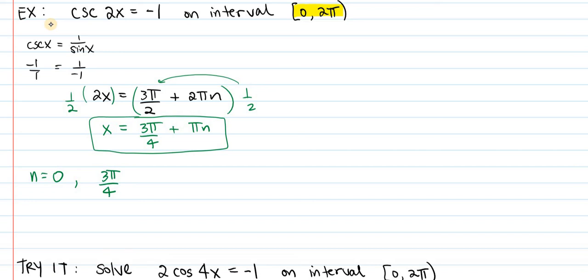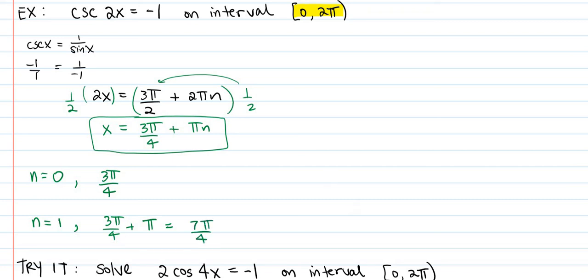Because if you plug in 0 for n here, that would be eliminated, so you just get 3 pi over 4. Okay, then let's do n equals 1. We would have 3 pi over 4 plus pi times 1, which is just pi. So when we add those together, pi is 4 pi over 4. So this gives us 7 pi over 4.